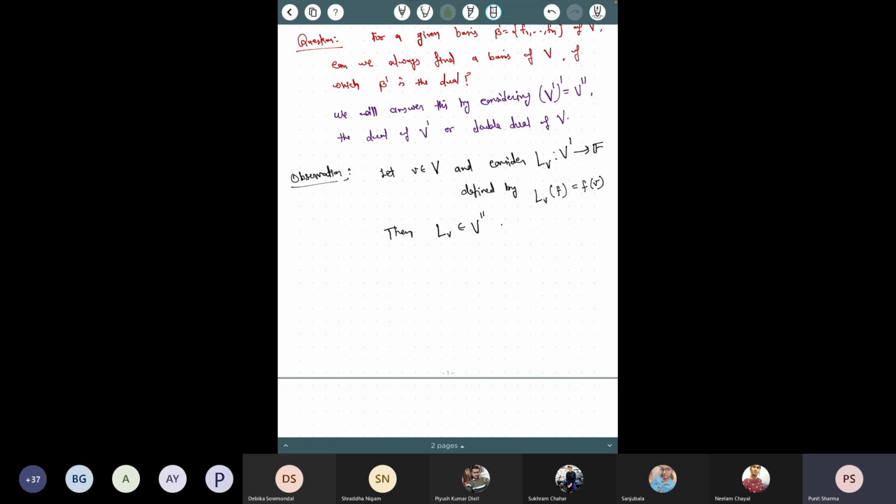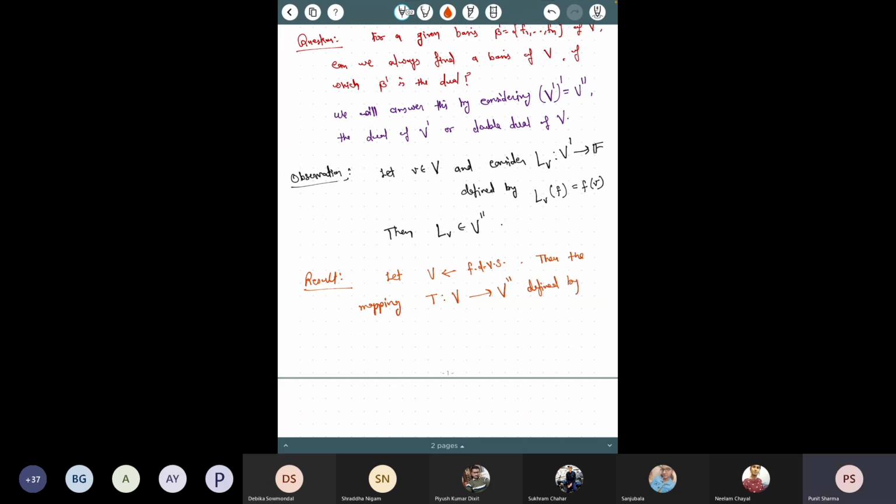So what I'm saying is the following, and this is in fact an isomorphism. Let us prove this. Suppose that we have a finite dimensional vector space V. Then the mapping T from V to V double dash, how is it defined?